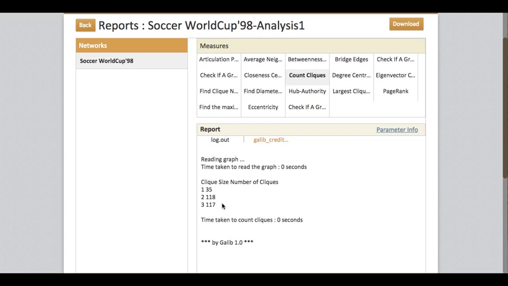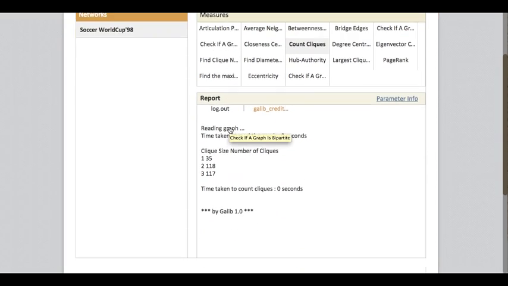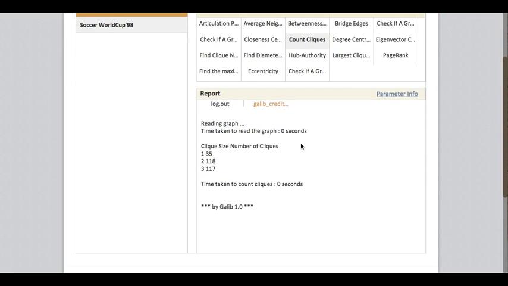Notice that this graph has only 35 nodes. I can show you later how to see that, but for now I don't know how to find the other ones.